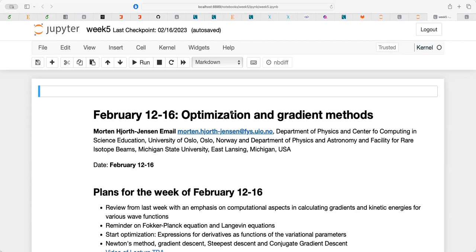and we're going to step ourselves from a simple parameter, which is the case in project 1, to many parameters, and how we are going to implement the optimization itself, and what is the best algorithm for doing the optimization with the number of variational parameters which we have here.